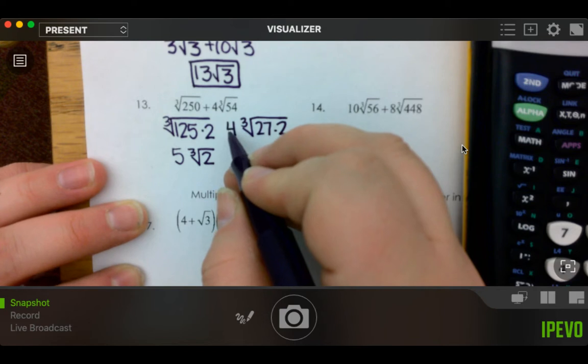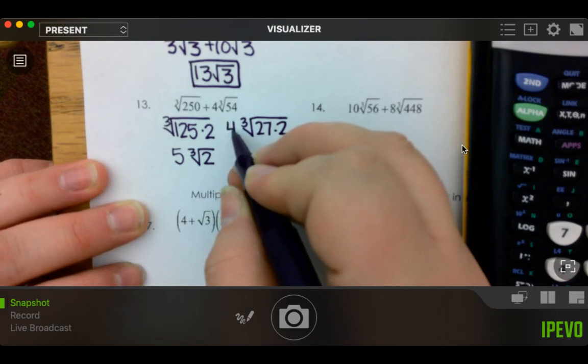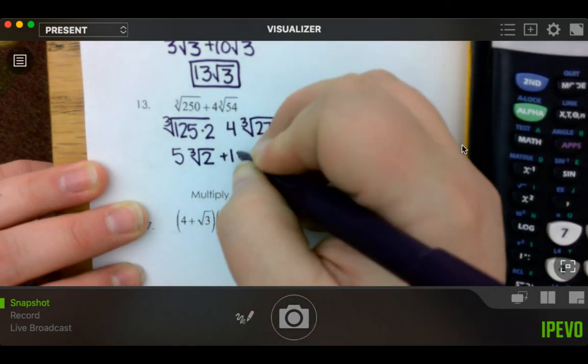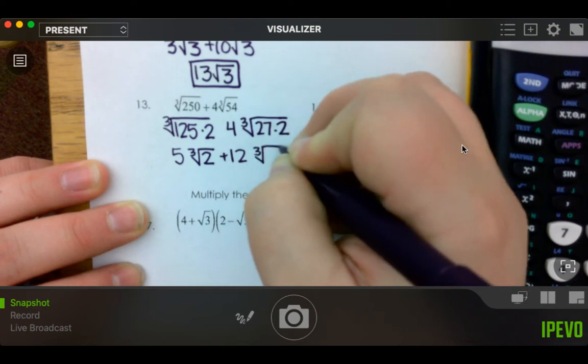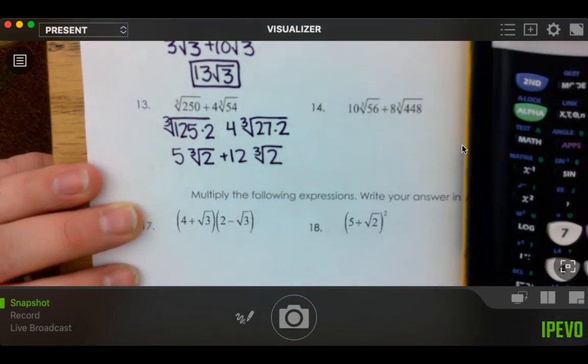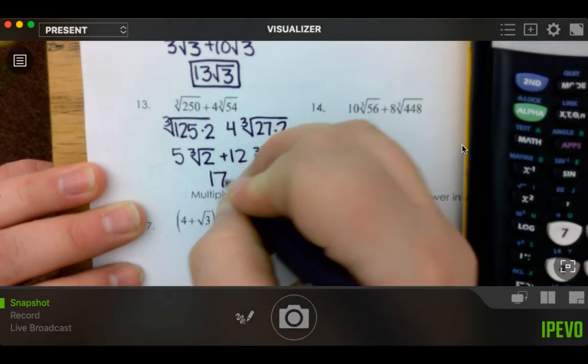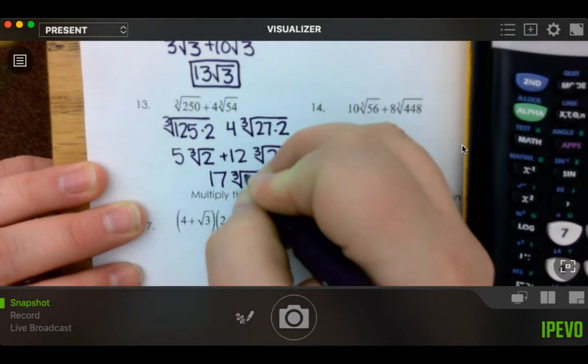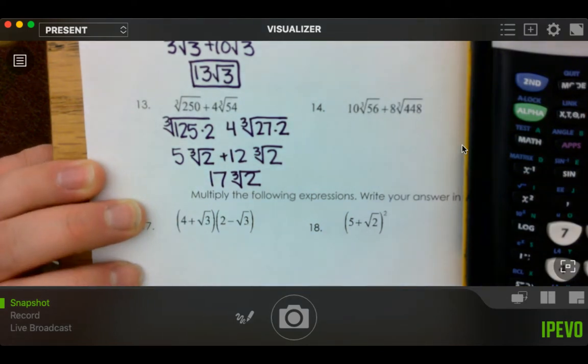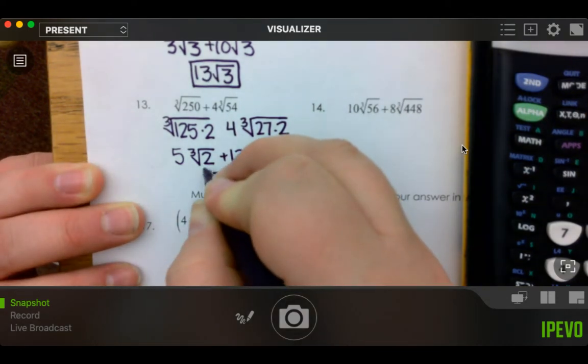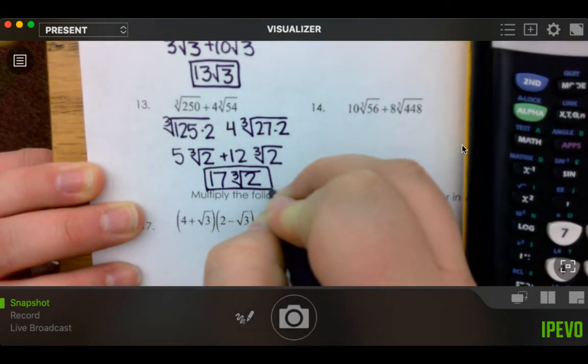I have to multiply that by the 4 that's already out here, and 3 times 4 is 12. And they do both have the cube root of 2. 5 plus 12 is 17. And there you go.